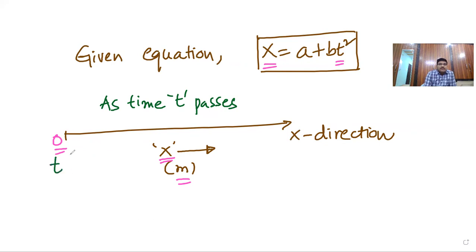When the time t is equal to 0, what is the velocity? Similarly, at the time t is equal to 2 seconds, what is the velocity? A particular instant is asked. Hence it is the instantaneous velocity.